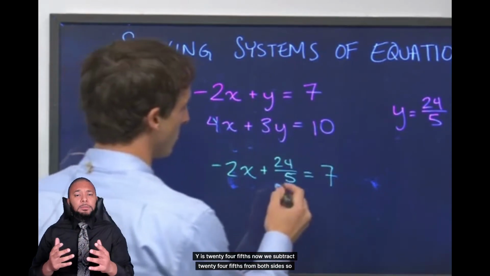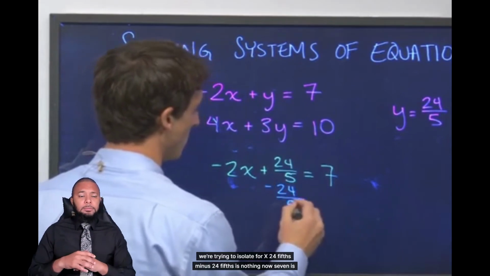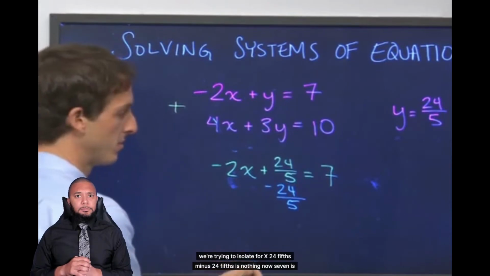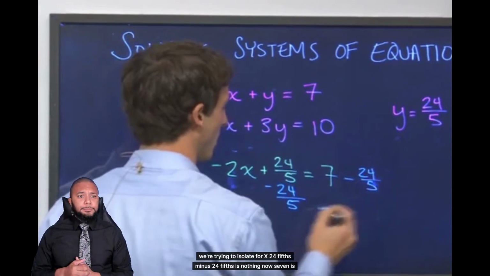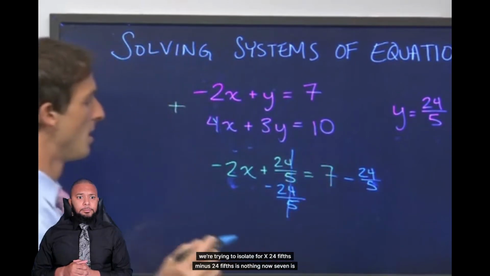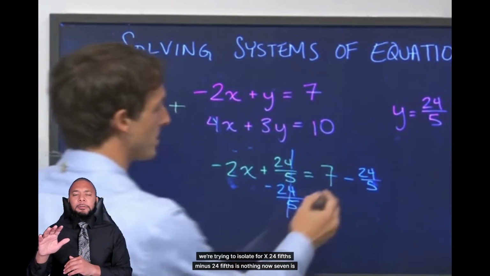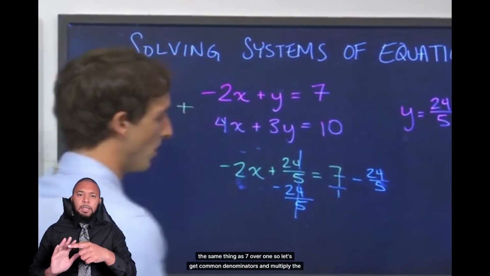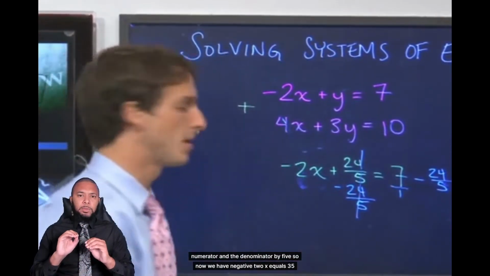Now we subtract 24 fifths from both sides because we're trying to isolate for x. 24 fifths minus 24 fifths is nothing. Now 7 is the same thing as 7 over 1. So let's get common denominators and multiply the numerator and the denominator by 5.